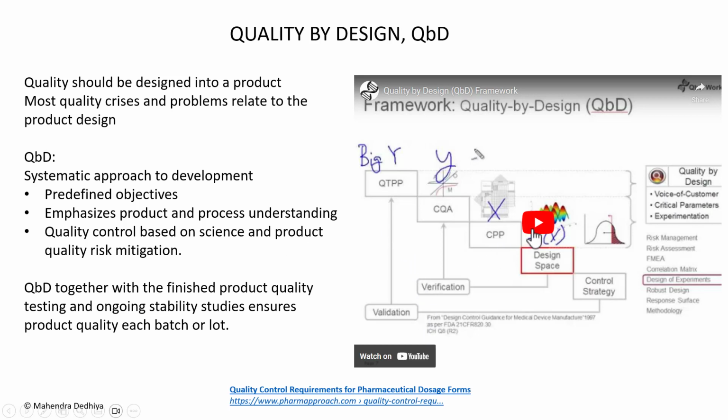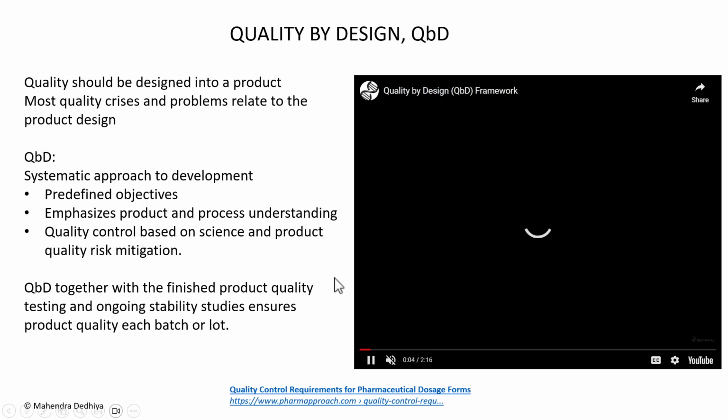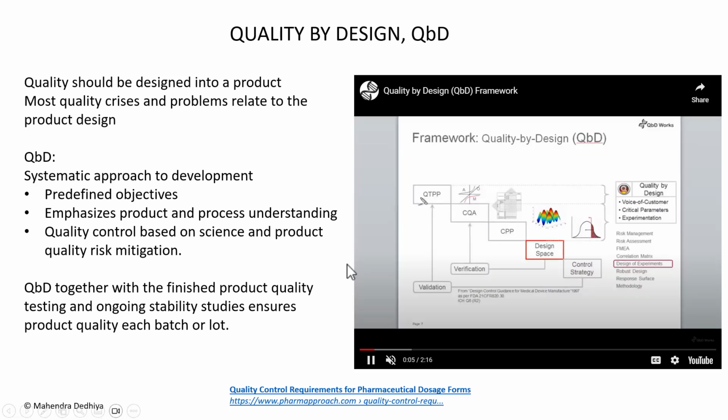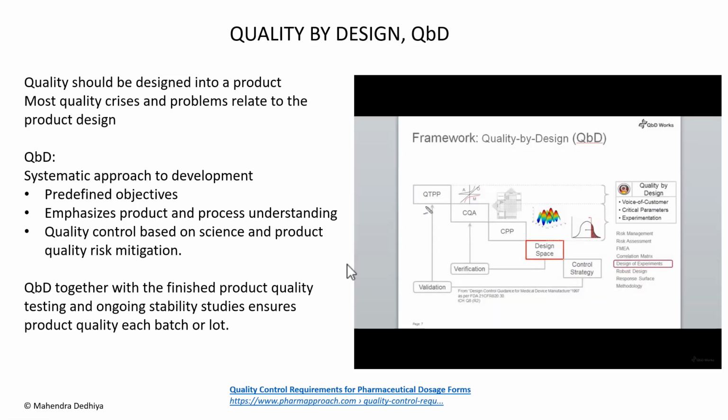Let's look at QbD. The quality by design framework starts with the QTPP, the quality target product profile, the kind of dosage. Critical quality attributes for each product are established based on the process.